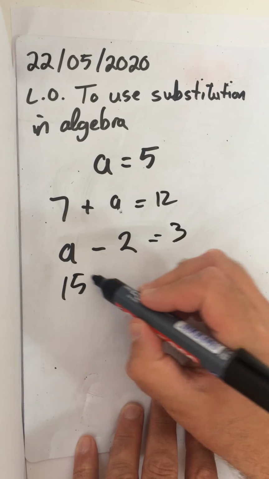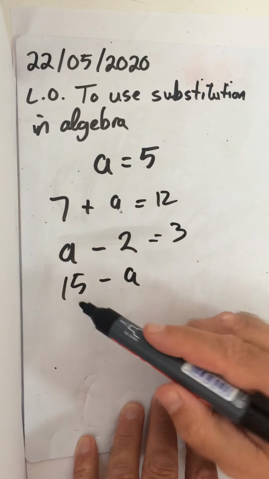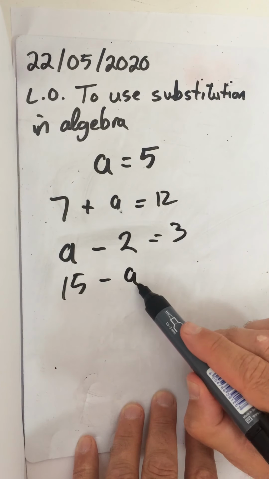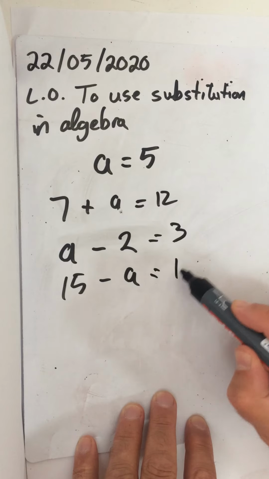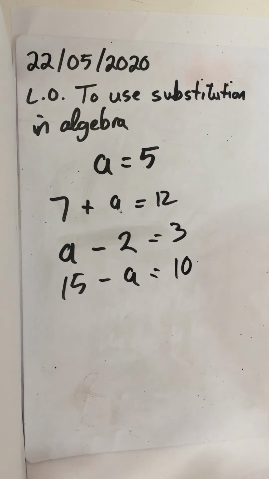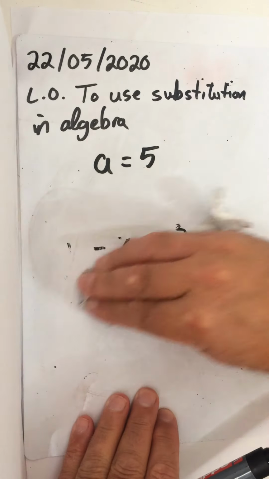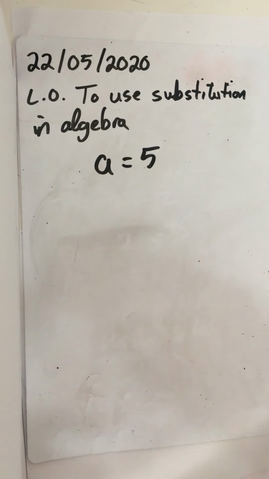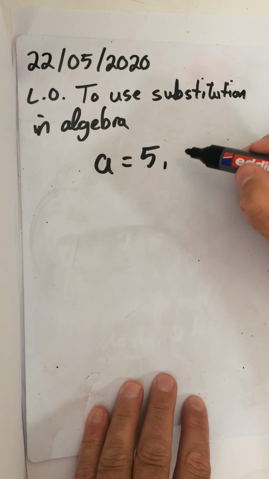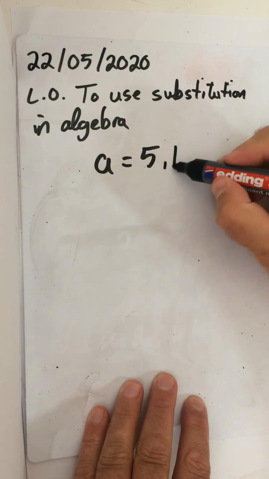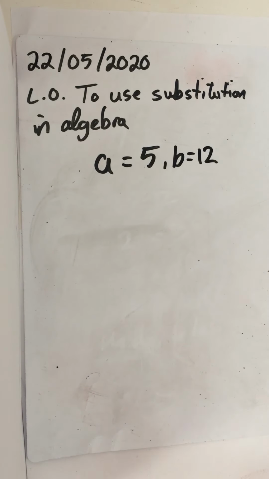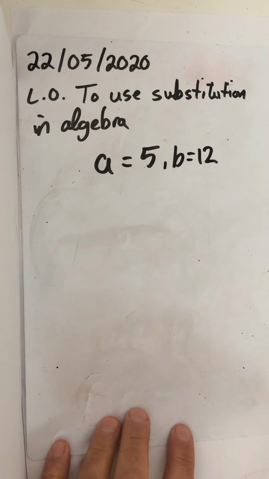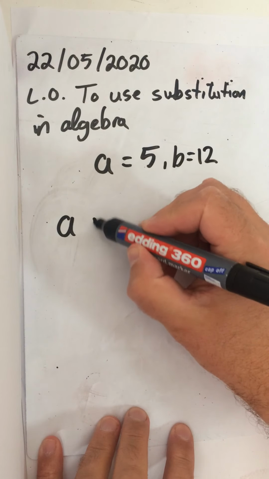Okay, you can have 15 take away a, so a is worth 5, 15 take away 5 is 10. Right, and then as well as a equals 5, let's add b is equal to 12. So now you could have a plus b.